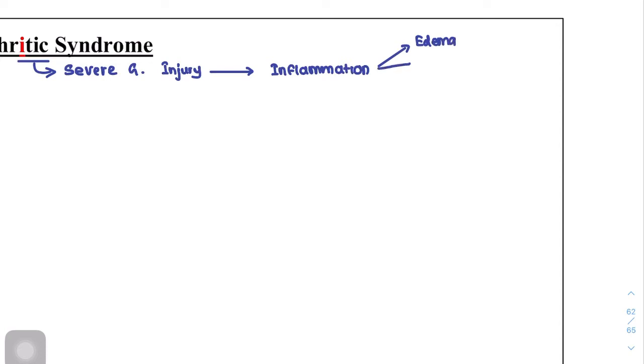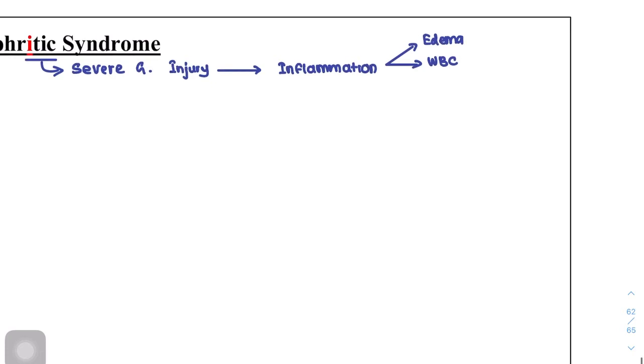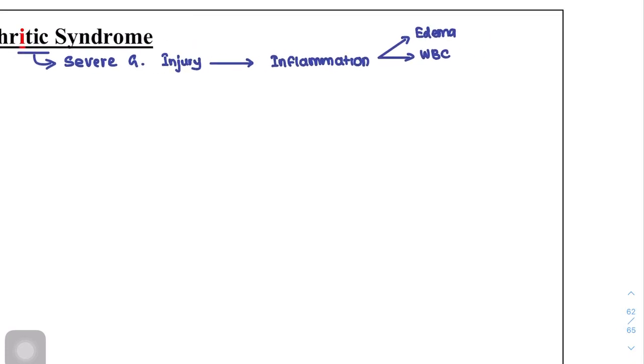Then you get white blood cells. First it's the neutrophils, but then for our case here, white blood cells come. And they are going to produce different substances such as cytokines against our own body's glomerular structures. So there's going to be cell injury.